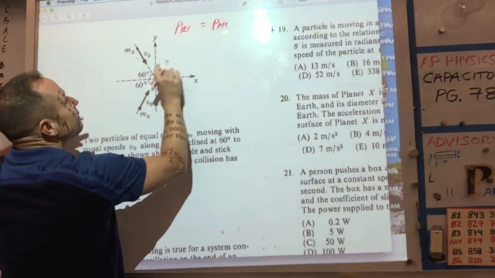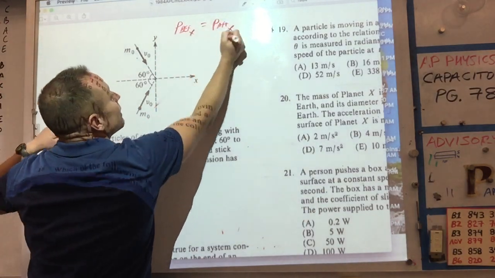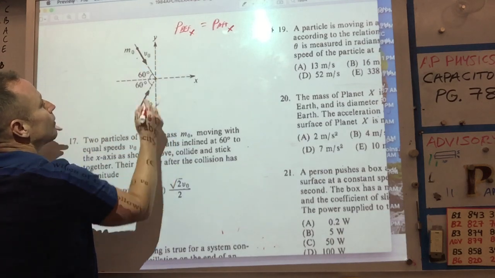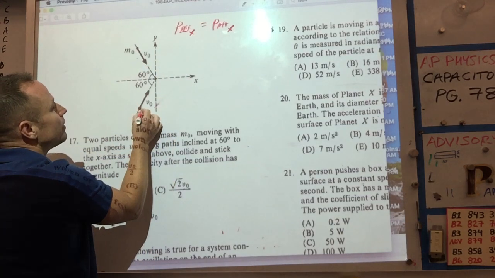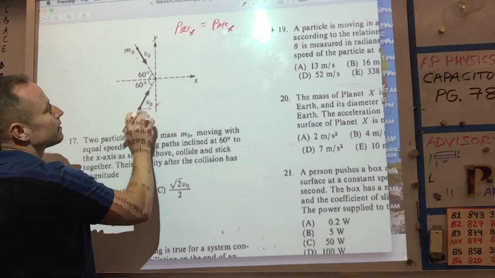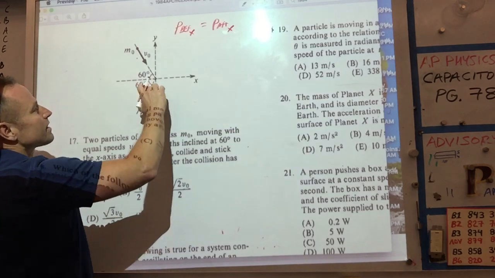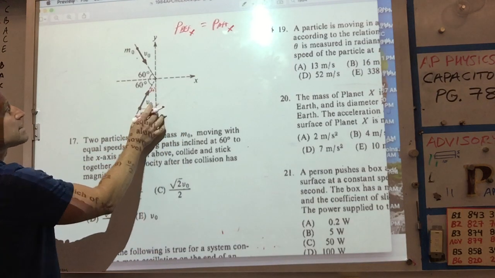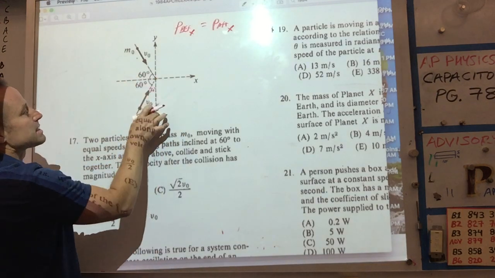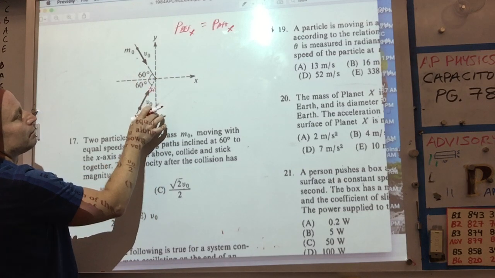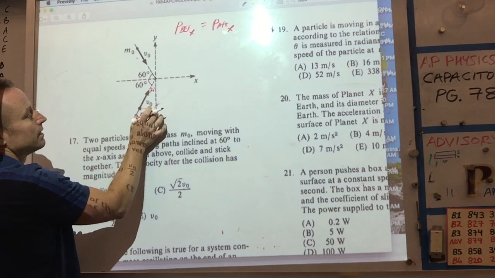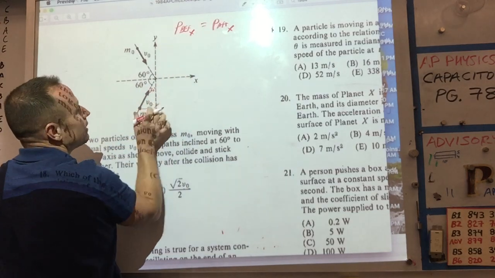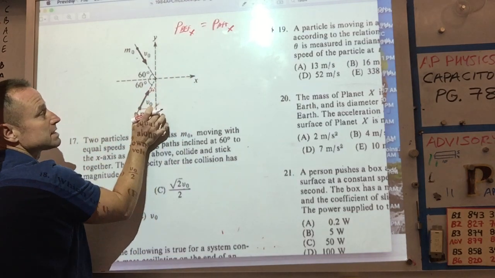And the momentum before in the x direction is just this component of mv, the component that goes this way. So this is 30 degrees, so that's going to be mv sine 30 or cosine 60, either way. For just one of them, it would be mv sine 30.